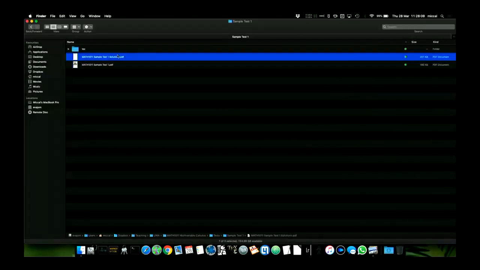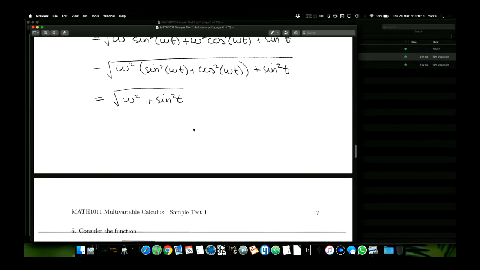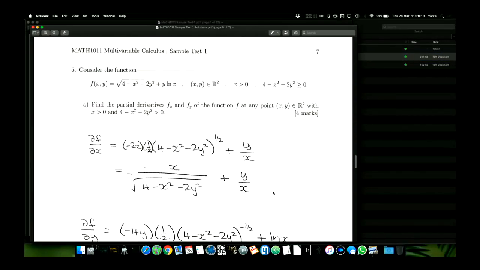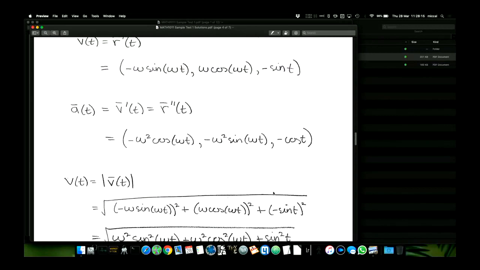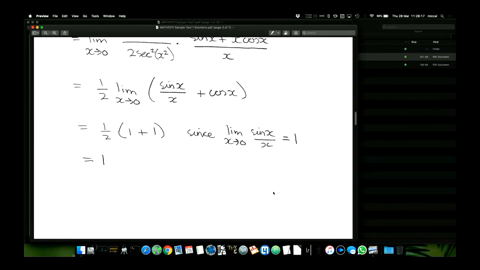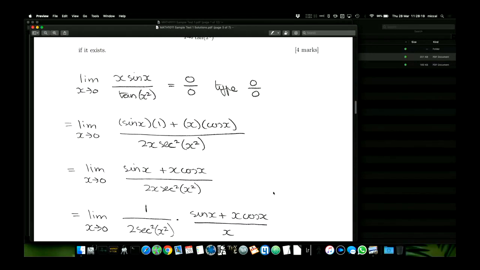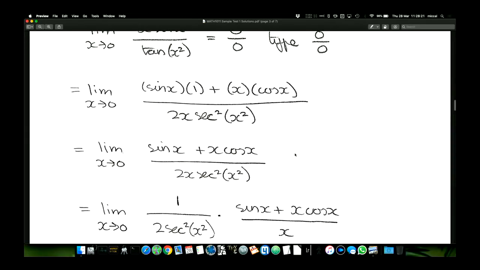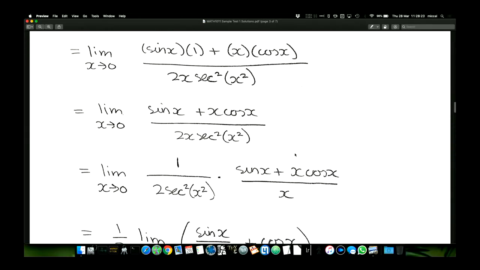This one? The 1 over sec squared. Okay. Yeah, I've had a few questions about this one.